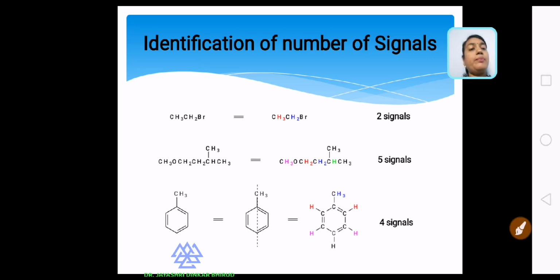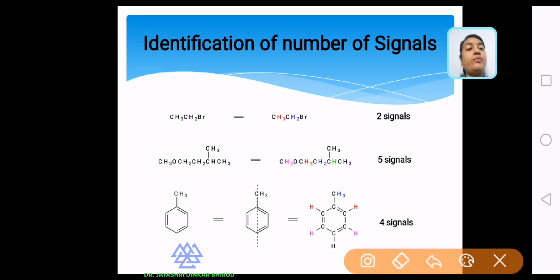Due to the symmetry, the hydrogens present on both sides of the benzene ring are in the same chemical environment. Why is this the same chemical environment? Because on one side this CH group is attached to the carbon atom containing the CH3 group, and on the other side this CH group is attached to a CH group.